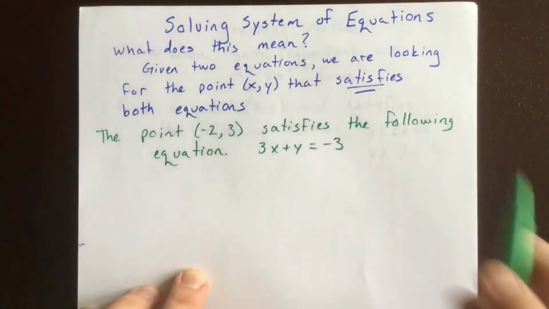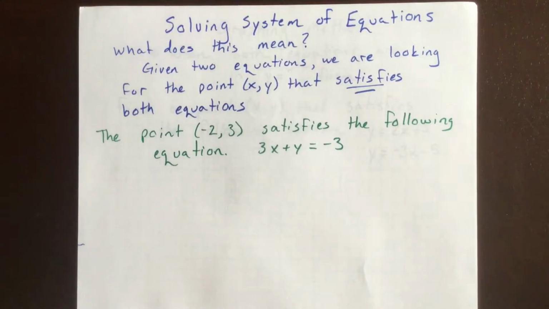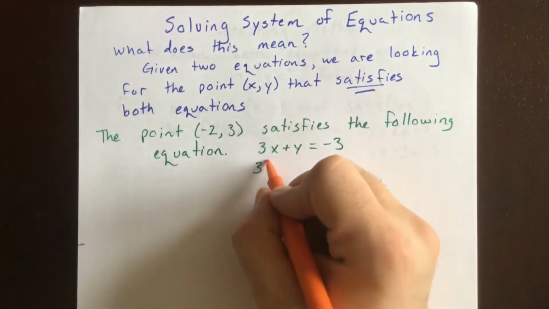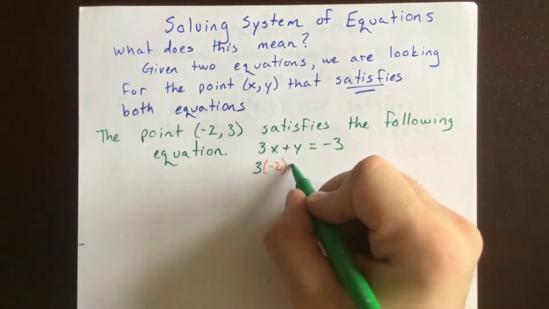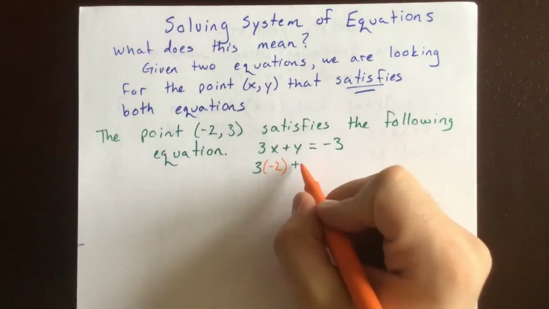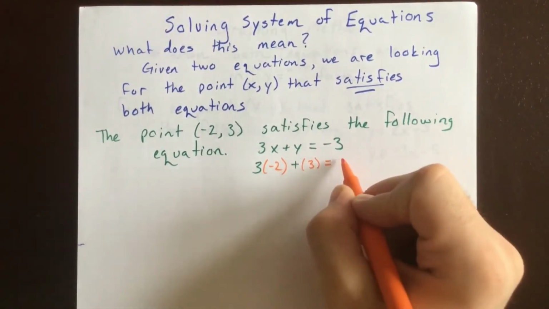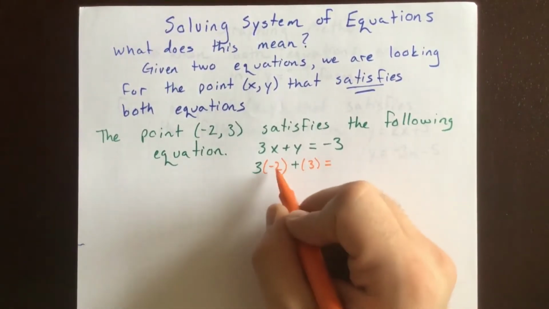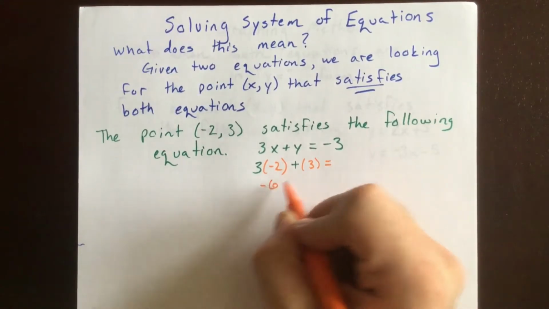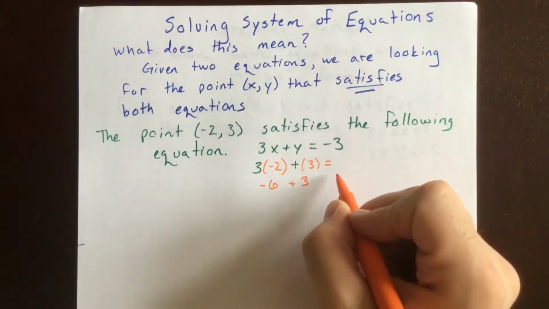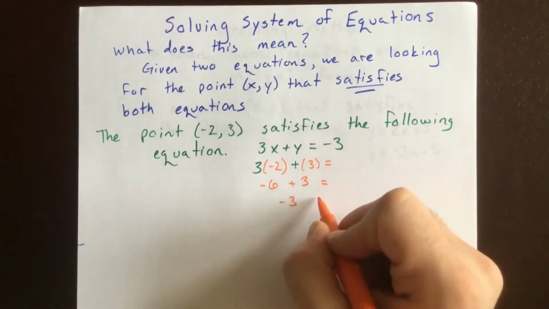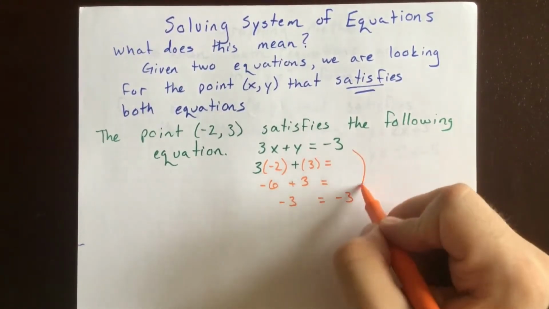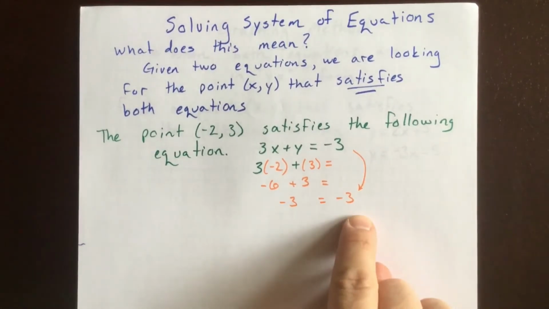So when I place -2 in for x, 3 times -2, and place 3 in for y, so -6 plus 3. -6 plus 3 is -3. And we see that the two sides equal each other.